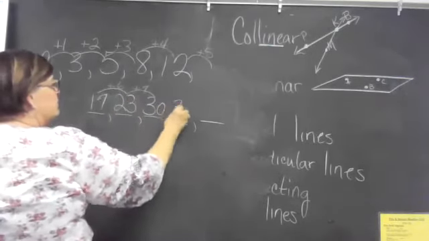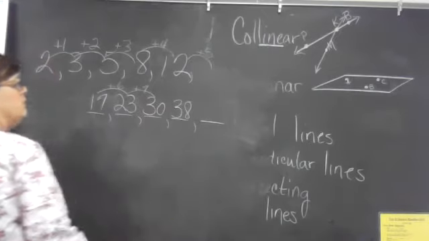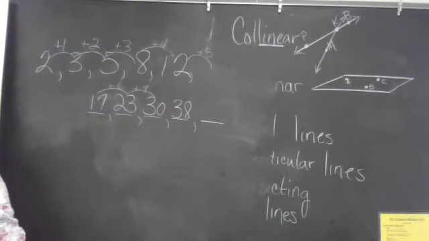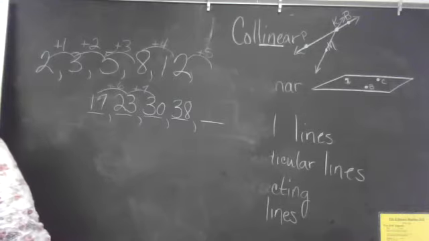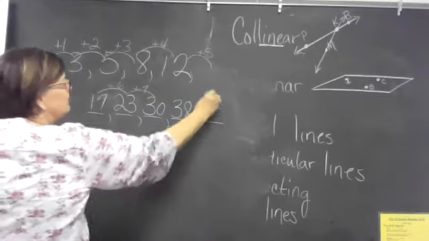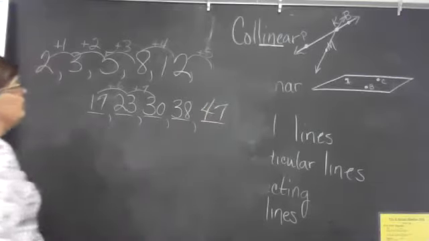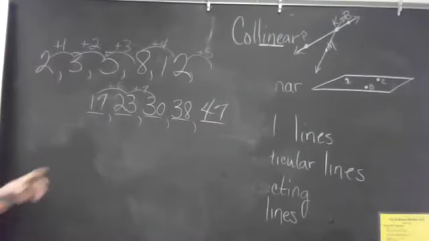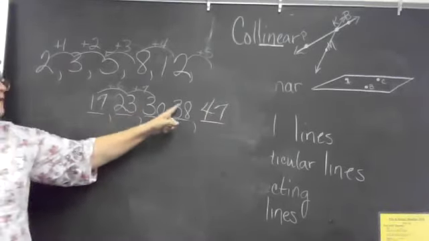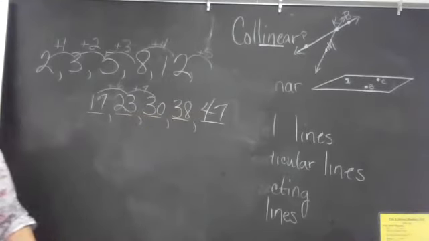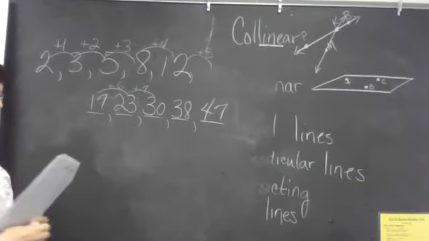Yes, good. And one more. Yes, good. Every one of you came up with one. Very nice, because here we added 8 and then added 9. So you see the pattern. Let's try another one.